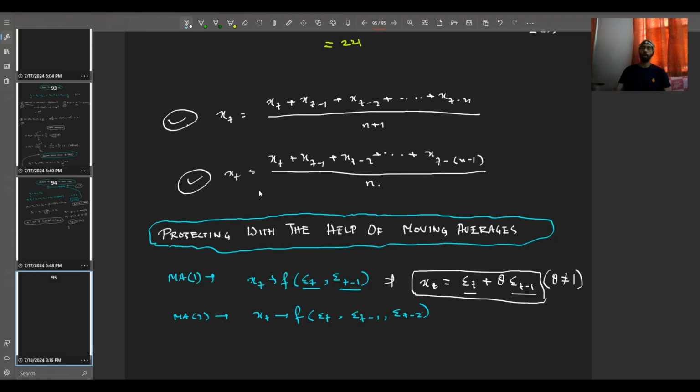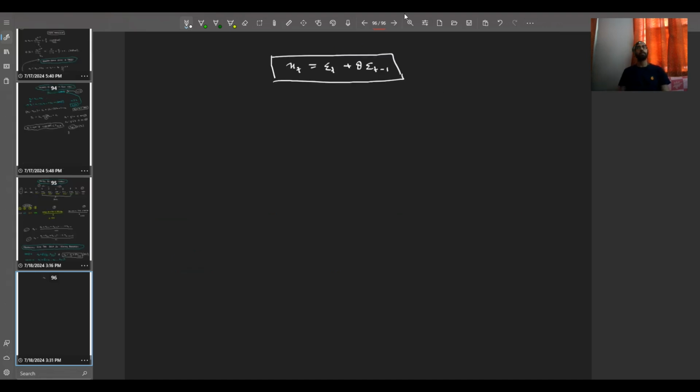Now we'll look at a few properties of this equation, friends. So friends, this is our moving average first order equation, and the properties that we already know are: et is a random variable, theta is not equal to 1. Now a few other properties: the expected value of this random variable is 0.